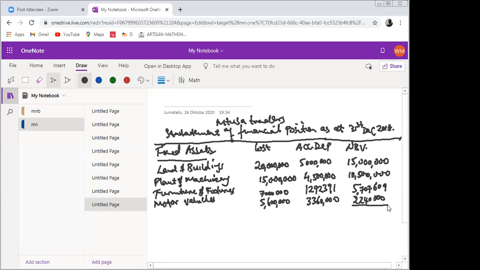Okay, now can you add for me all the figures for the net book value? Add the net book values: 15 million, 10,500,000, 5,707,609, 2,240,000.